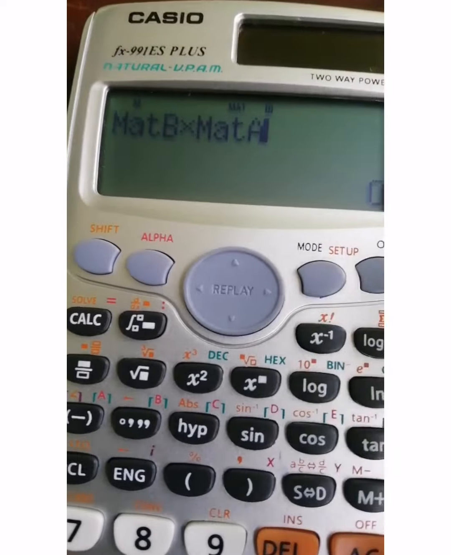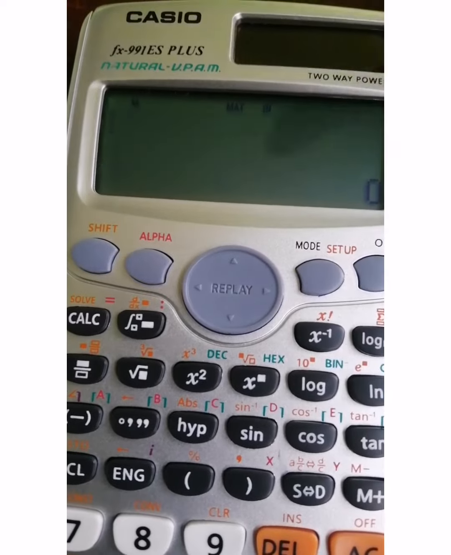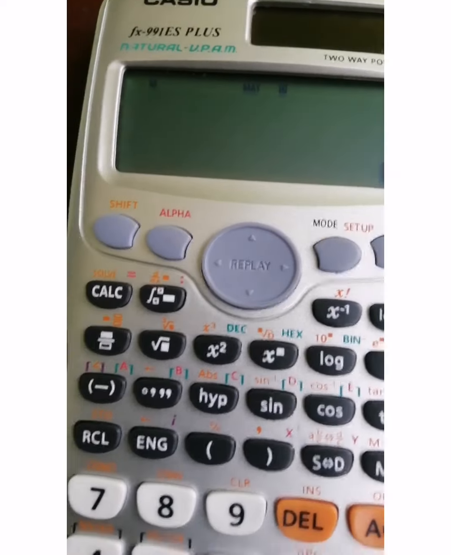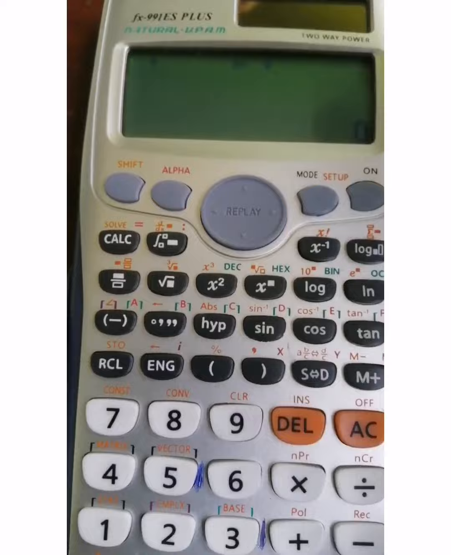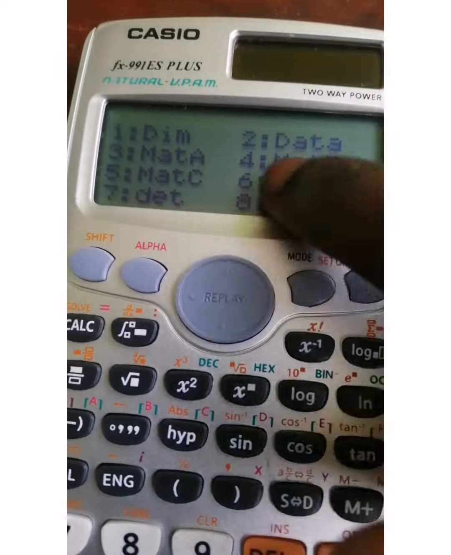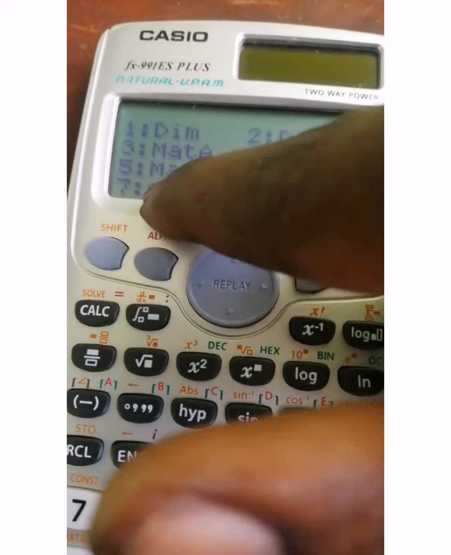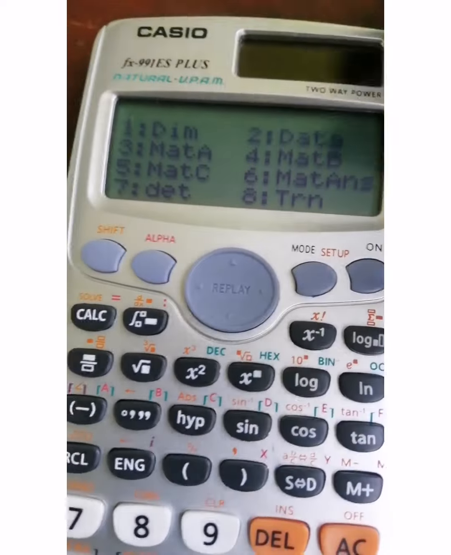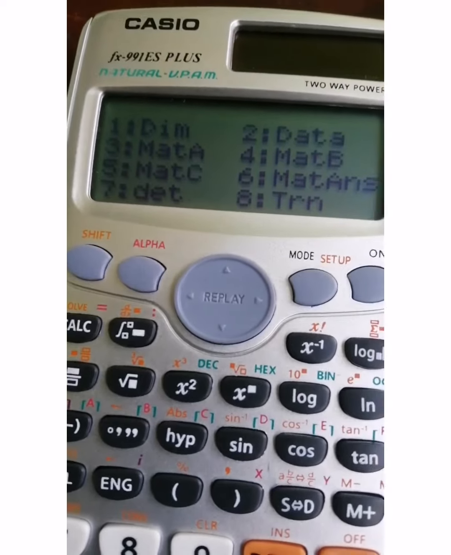That's when you multiply to give the answer. When you want to find the dot product, just bring dot to give you the answer. So this is the matrix form. Very simple. You just go to shift and go to 4, and these are it. This is what the calculator can provide, the determinant and the transpose, and you can add and multiply matrices.